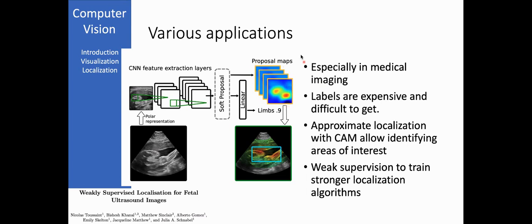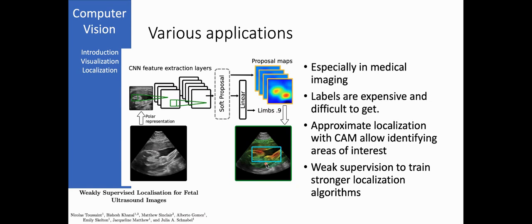And when they look at the proposed class activation maps and put them back on the image as an overlay, they were able to really identify the structures the network is looking at. In this case, we're looking at the limbs, and this really highlights the limbs of the baby here. And this has an additional use. So first of all, it identifies where the network is looking, so that's great for interpretation.